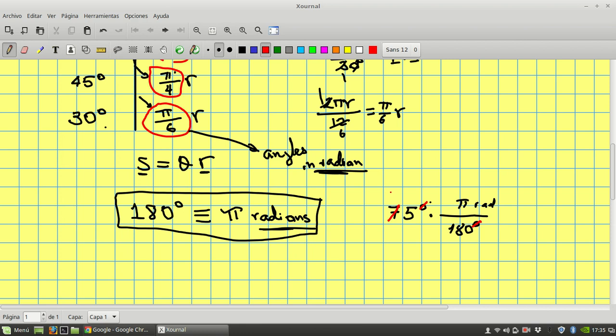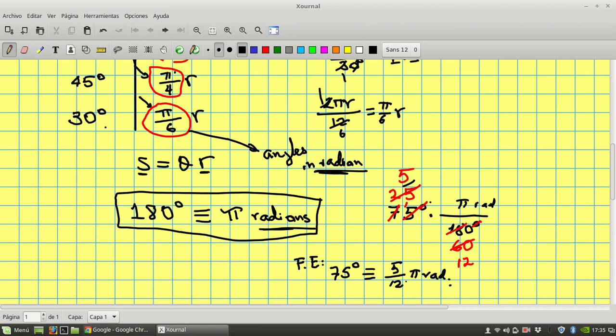So the third part of 75 is 25, the third part of 15 is 5, the third part of 180 is 60. I can get the fifth part, that is 5 here, and here the fifth part is 12. So to sum up, 75 degrees becomes 5/12 of pi radians.